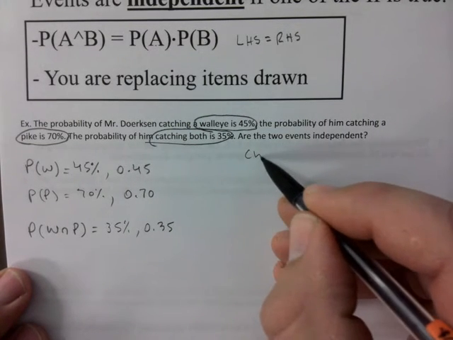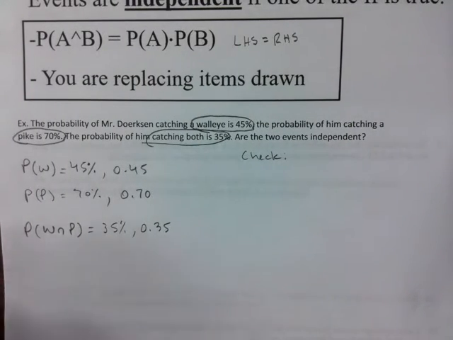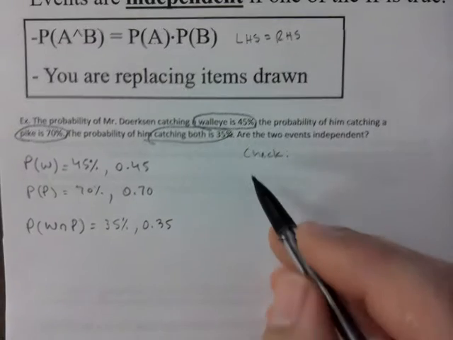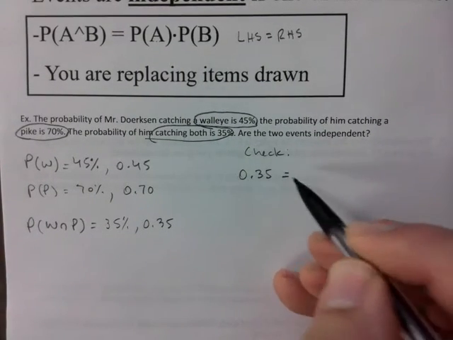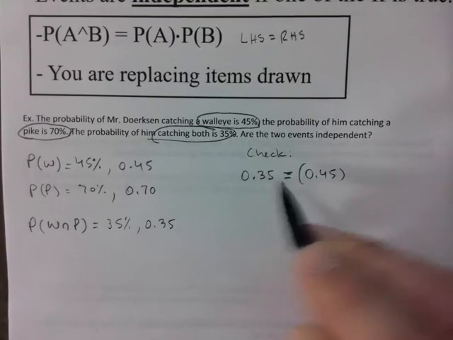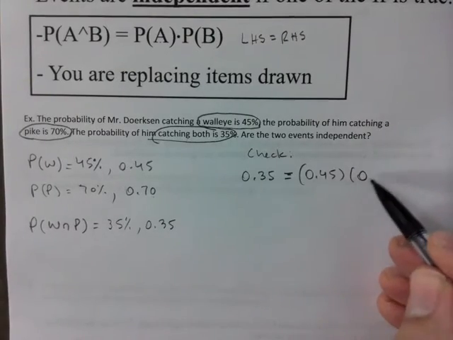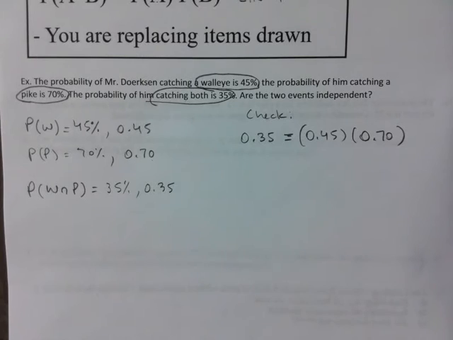So let's check if events are indeed independent. 0.35 is supposedly 0.45, the one event times the other event, like that. And basically, if both sides are equal, you have yourselves independent events. If not, it fails.